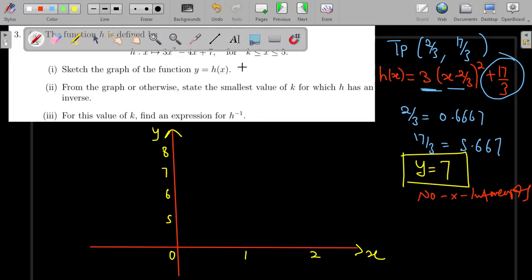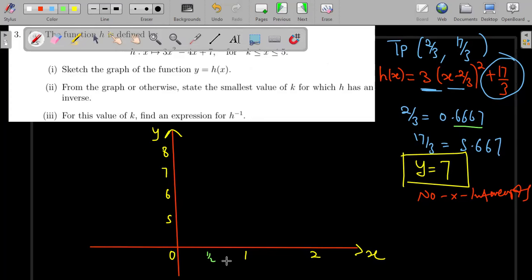The turning point we found was 2 over 3, 17 over 3. So 2 over 3 is approximately 0.66, and 17 over 3 is approximately 5.66. The 0.66 will be a number after a half, somewhere here, and the 5.66 somewhere here.